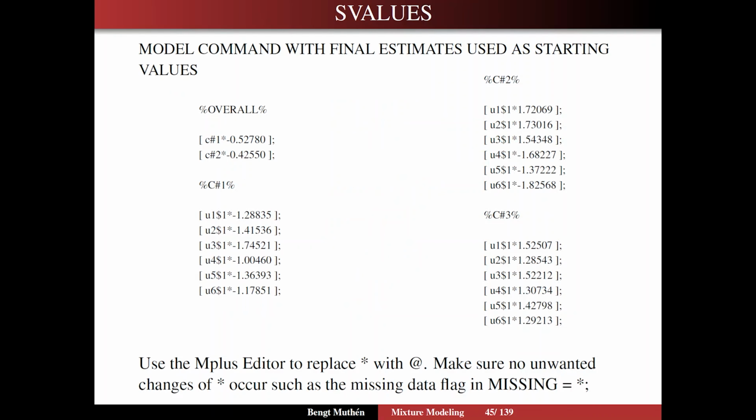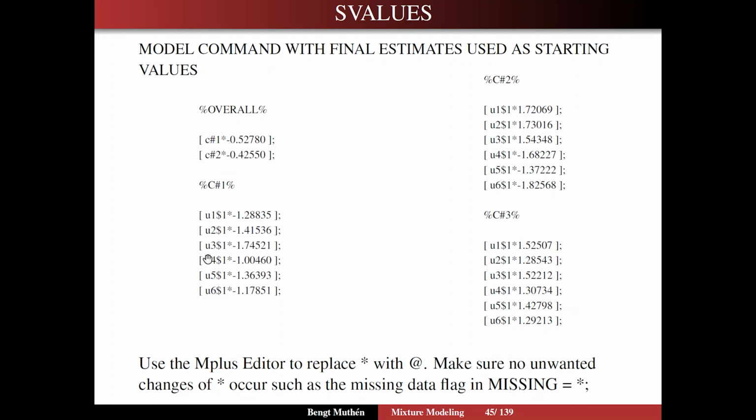This is what they look like, shown on slide 45. So in the output you find these values for class logits and for the latent class indicator logits for the three classes. So you can copy this. You don't need this part, the C# part.